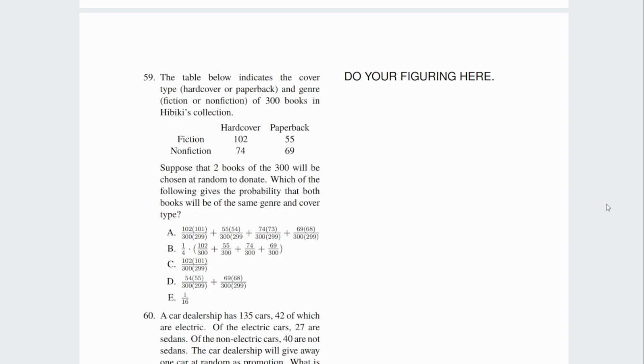In other words, if we draw fiction and hardcover first, what's the probability of drawing fiction and hardcover the second time? If we draw nonfiction hardcover first, what is the probability of nonfiction hardcover the second time? What's the probability of nonfiction hardcover twice?